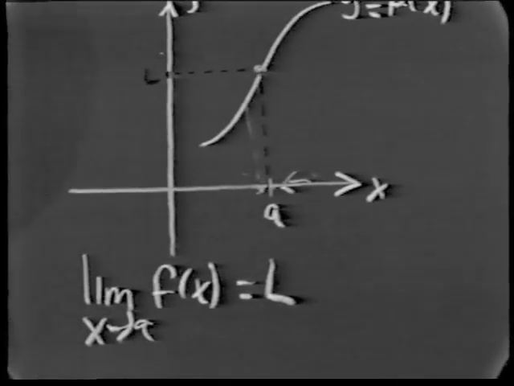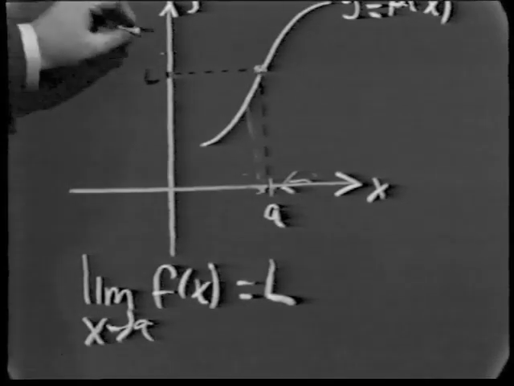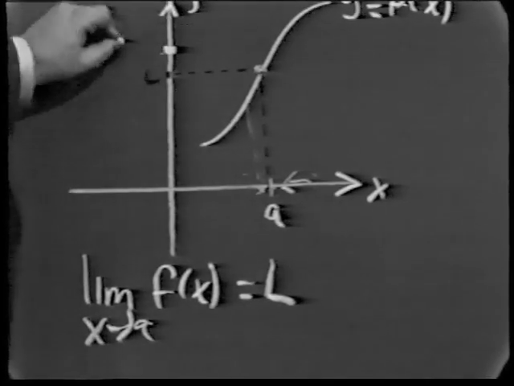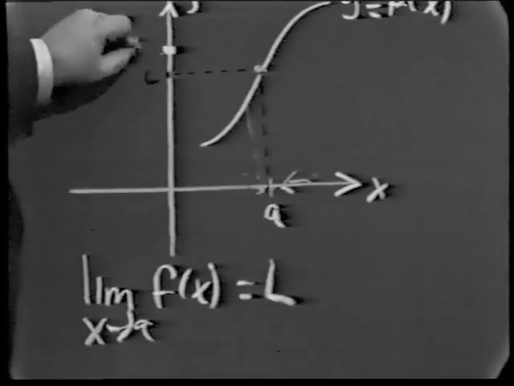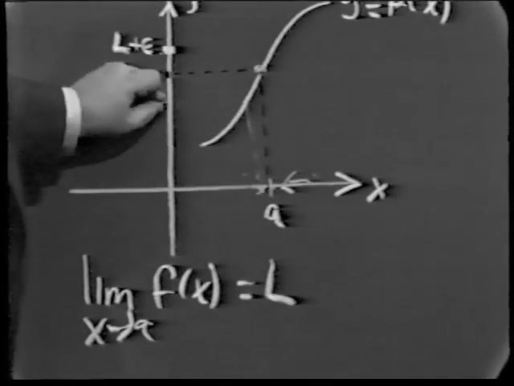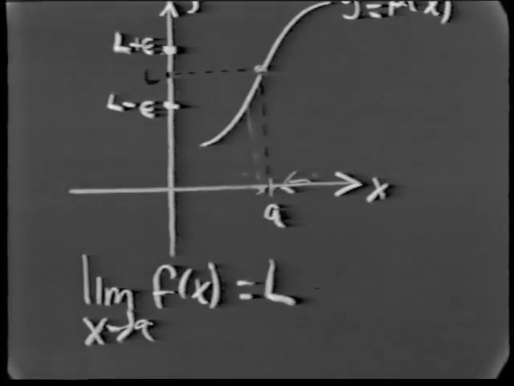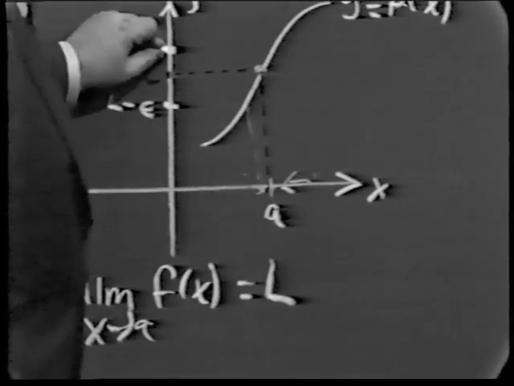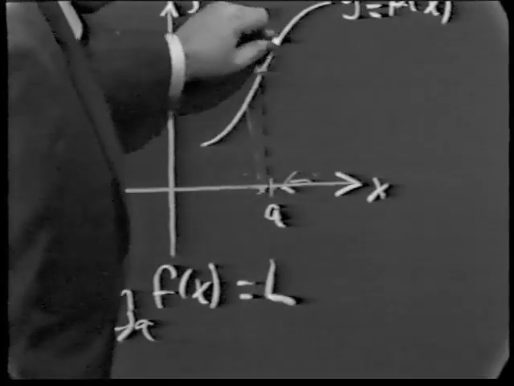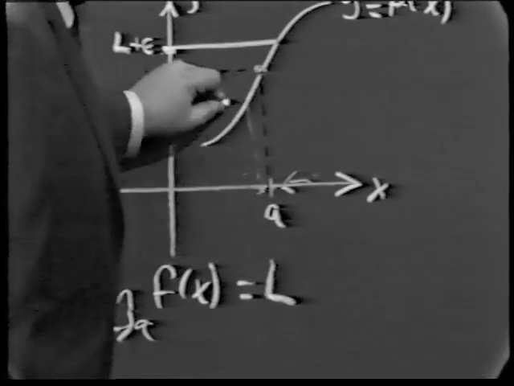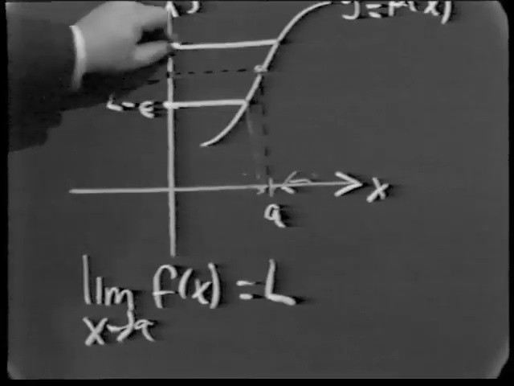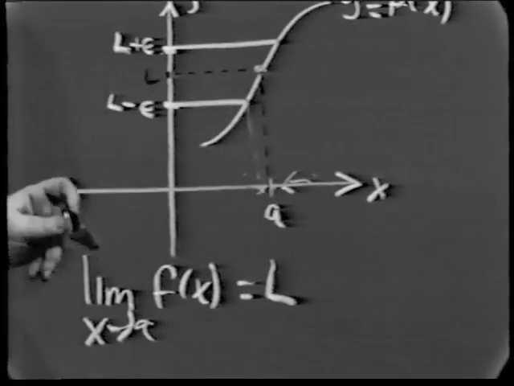In other words, if x is close enough to a, f of x, it seems, will be close to L. And by the way, to complete this problem geometrically, pick your epsilon. Let's say that epsilon is this wide. Then since epsilon is positive, this will be called L plus epsilon. This will be called L minus epsilon. Now what we do is we come over to the curve here. All right? Hopefully these will look like horizontal lines to you.